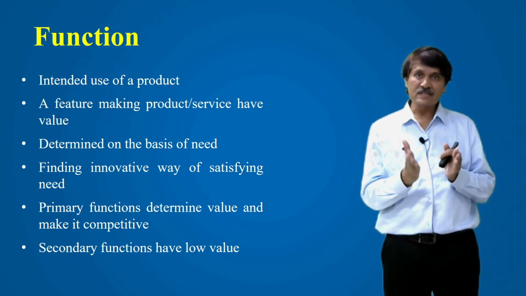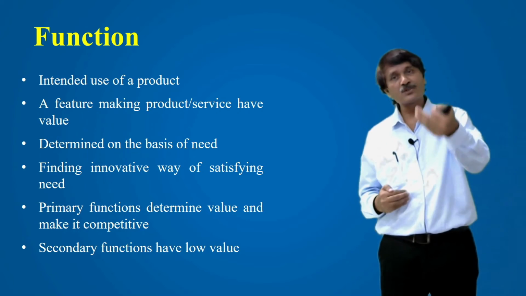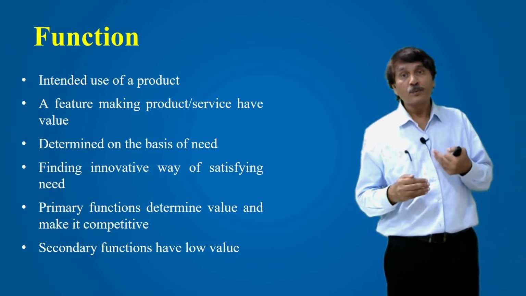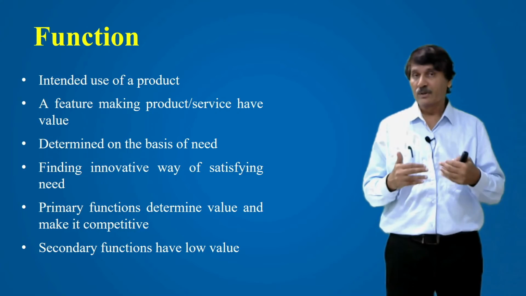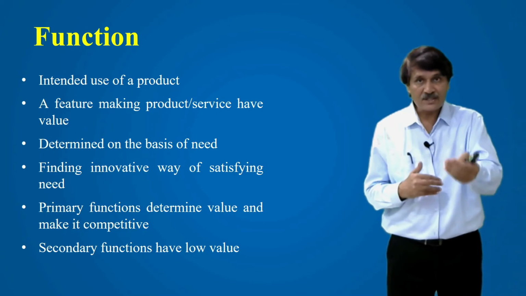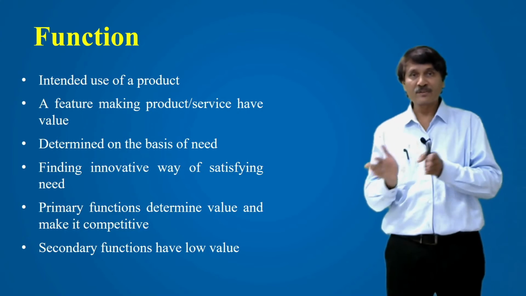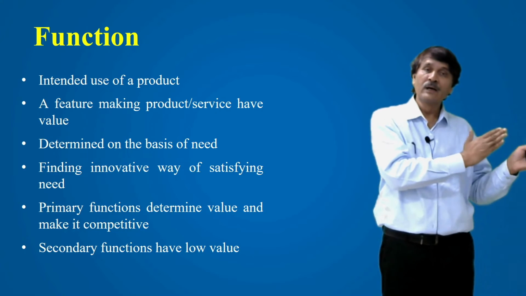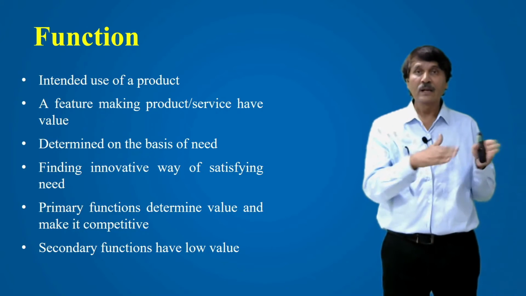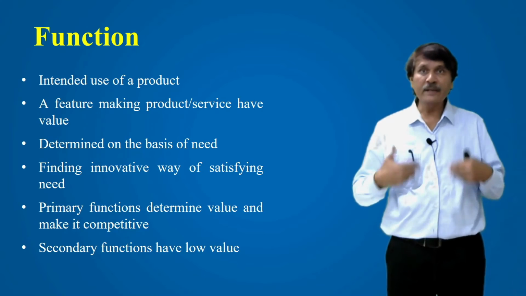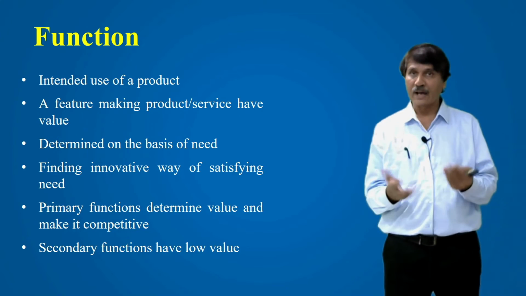Secondary functions are some additional features you have incorporated to make your product competitive, to give the customer a choice that, apart from the required function, he can do another function from this product, and so the acceptability of the product is going to be enhanced.